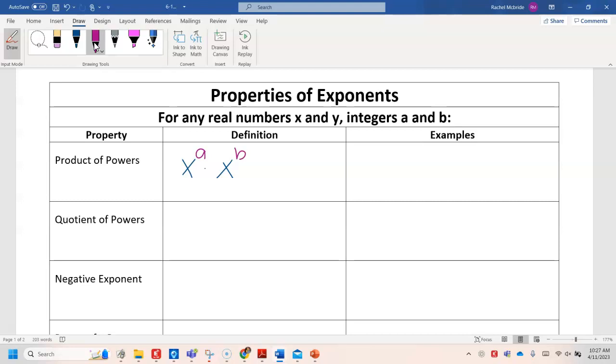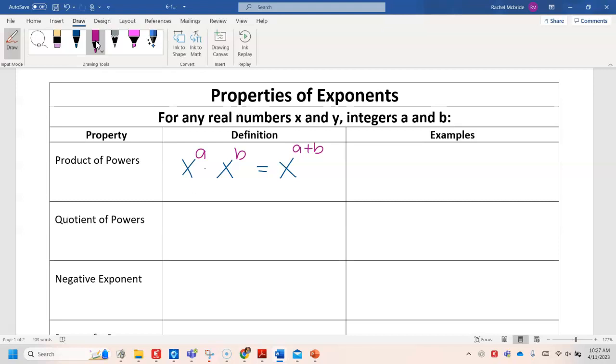X to the a times x to the b becomes x to the a plus b. Not a times b, but a plus b. So x to the a times x to the b is equal to x to the a plus b.